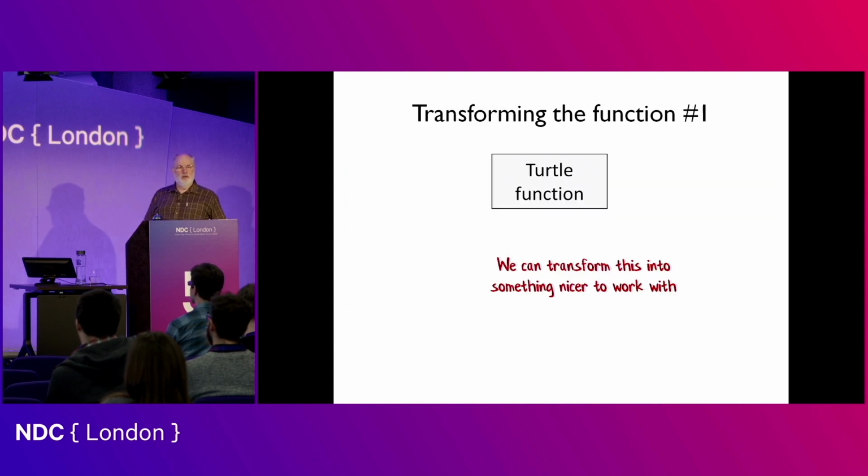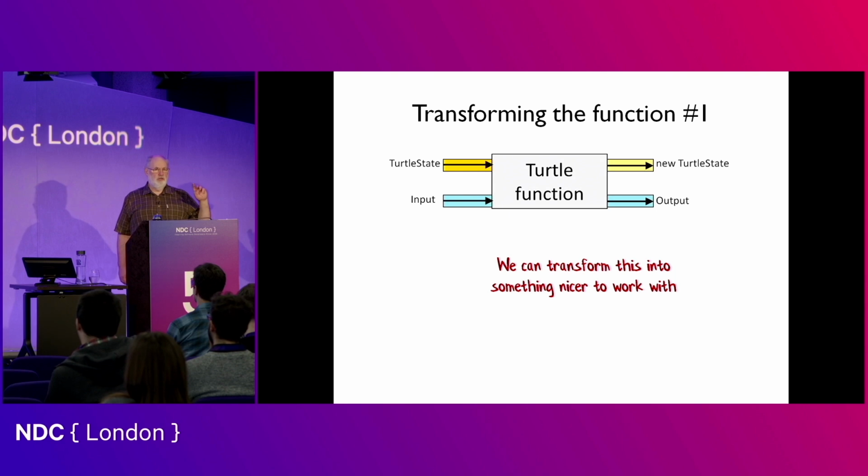So this is one of the first tricks that functional programmers have, which is transforming a complicated function into another kind of function that works better. So our function has the state and the input, like the distance to move, and it's now got kind of two outputs, right? The new turtle state and now the output of the thing, which is the actual distance moved.